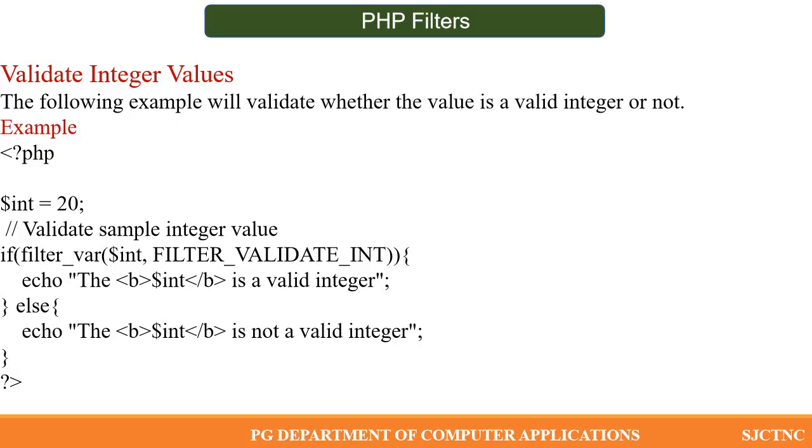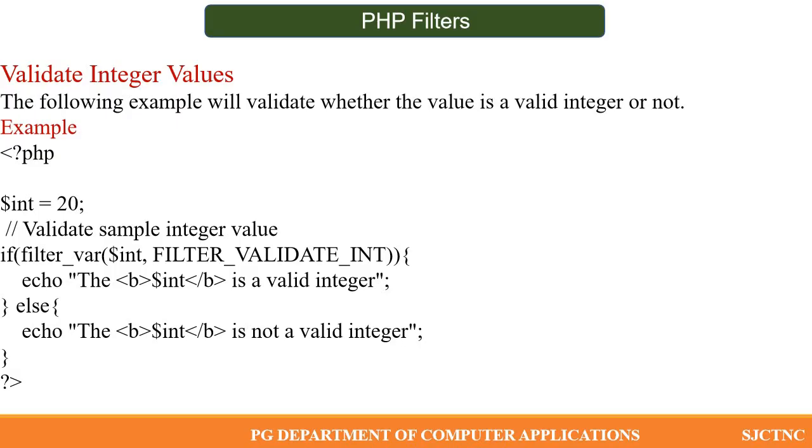The first argument, int, is given. Then the filter name, FILTER_VALIDATE_INT. Here we are checking whether the given number is an integer or not. If it is an integer, we get the output 20 is a valid integer.